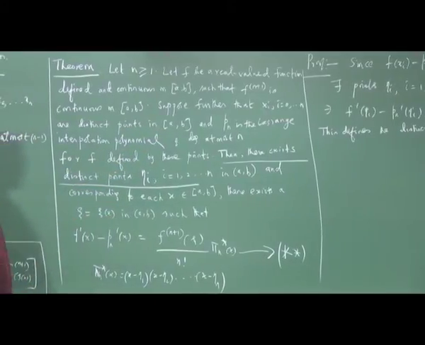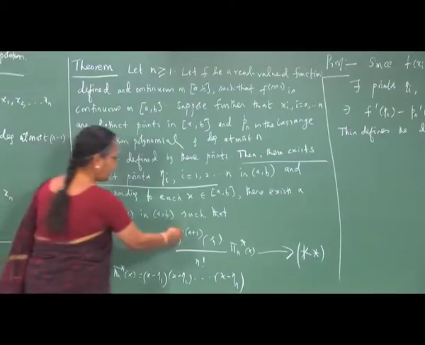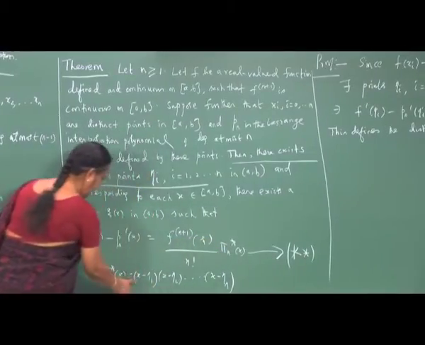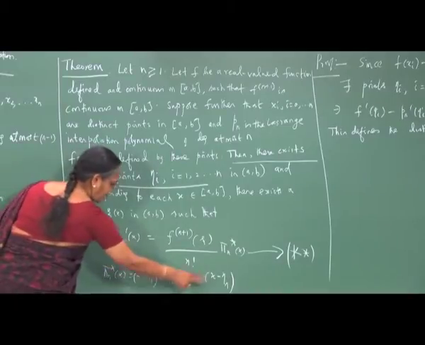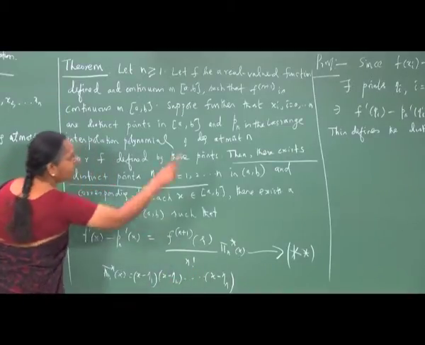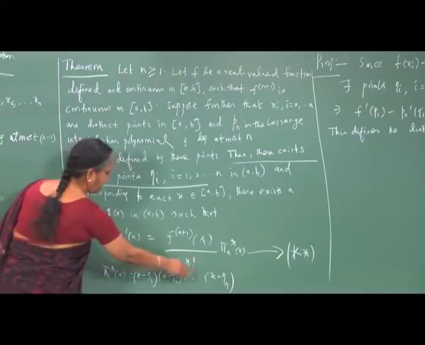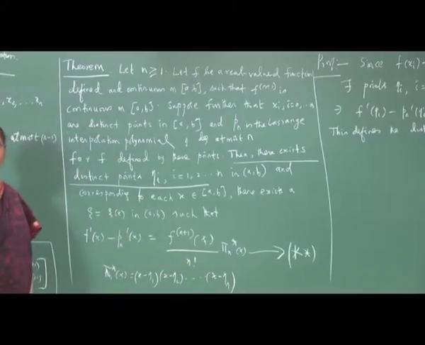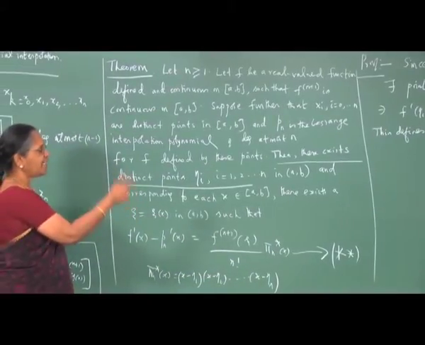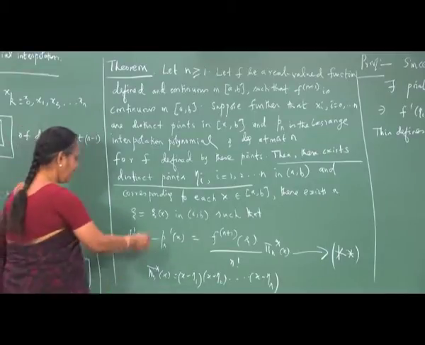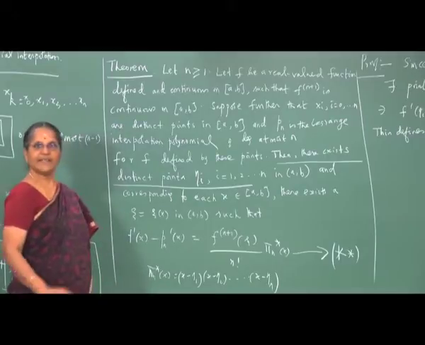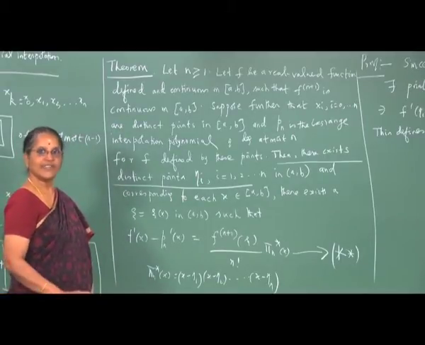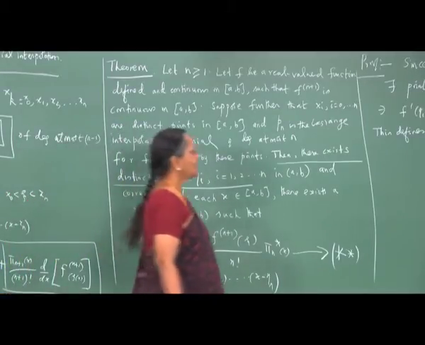So, the left hand side is 0. What about the right hand side? At x equal to eta i, because of the presence of pi n star of x, which is this expression, at any eta i for i equal to 1 to n, the right hand side is 0. So, there are n points eta i at which the left hand side is 0 and the right hand side is 0. So, double star is identically satisfied; it is verified that double star is satisfied.